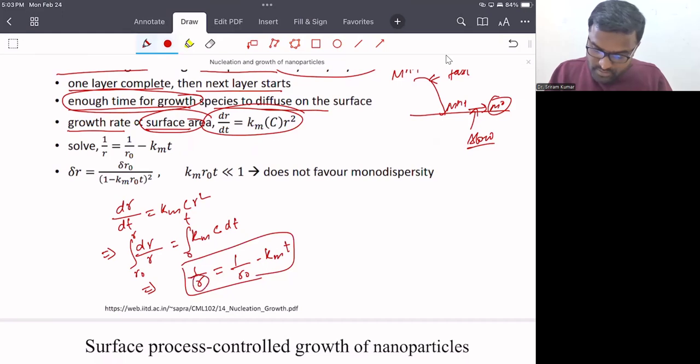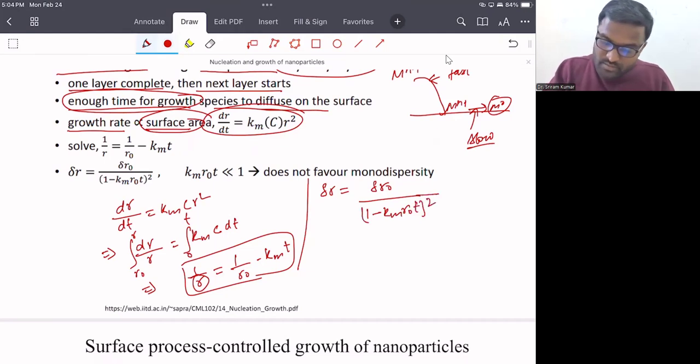And based on this, if you want to know the change in the size of the particles, we have delta r0 upon (1 minus km c r0 t) to the power 2.